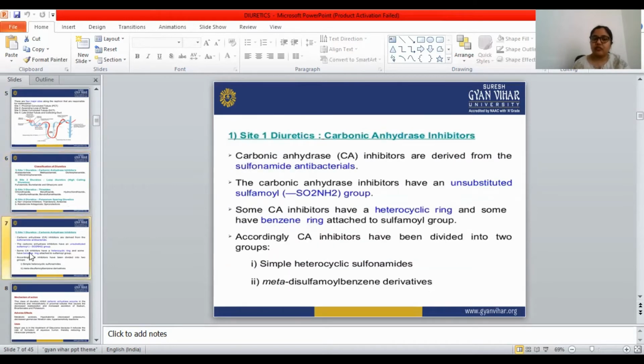So first are the carbonic anhydrase inhibitors, also known as CA inhibitors. Carbonic anhydrase inhibitors are derived from the sulfonamide antibacterials.